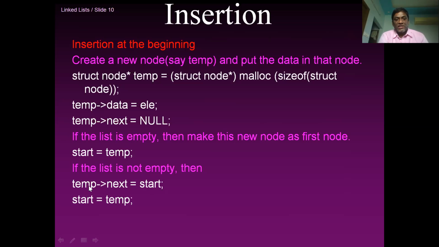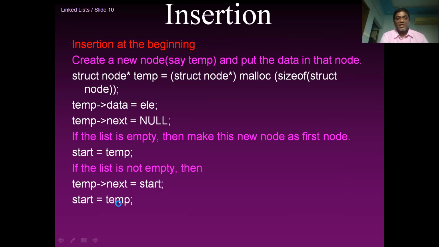So let us make this pointer of temp point to the first node. And then this temp is made the first node in the list. So if the list is not empty, then we do two things here. Temp next is equal to start and start is equal to temp.